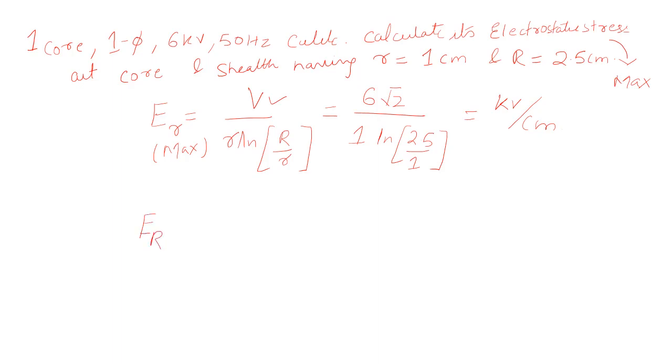Similarly, if we need to find out the maximum stress at the surface of the insulating material, that will be 6 root 2 divided by 2.5, ln of 2.5 upon 1.